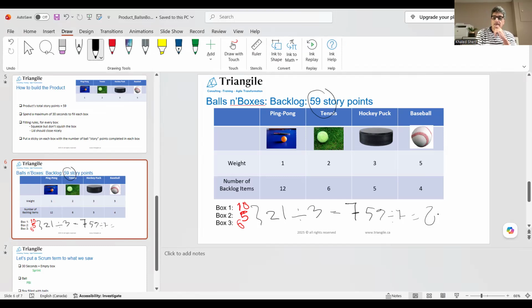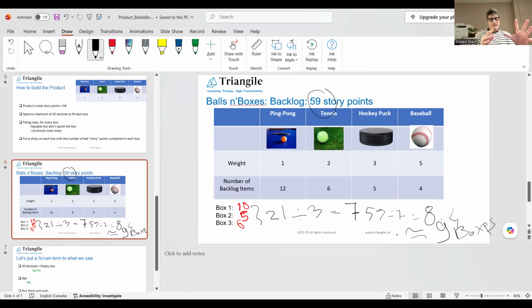That's equal to 8.4 something. So 8.4, doesn't matter. So now I can confidently say I probably need 9 boxes, right? To fill all my backlog of balls.